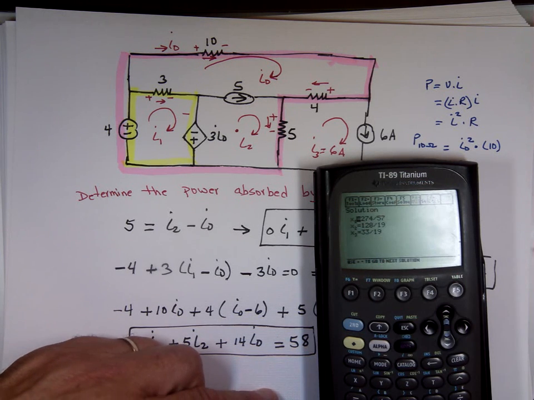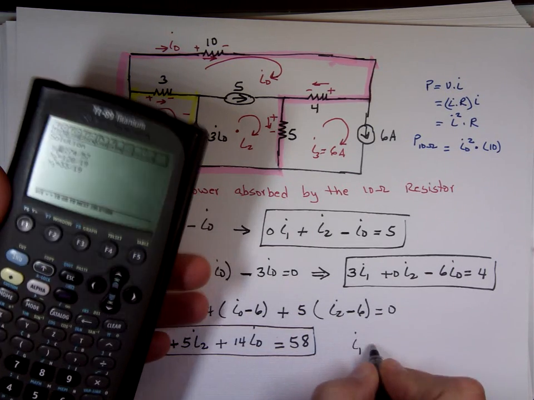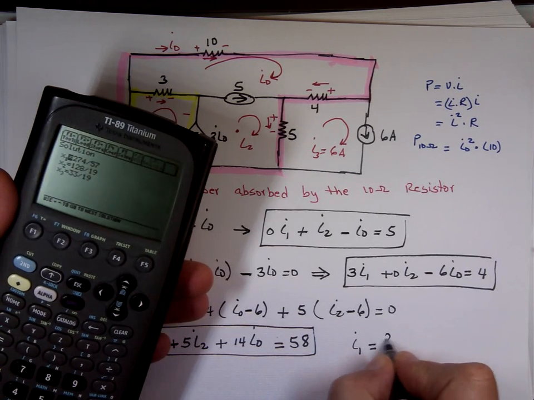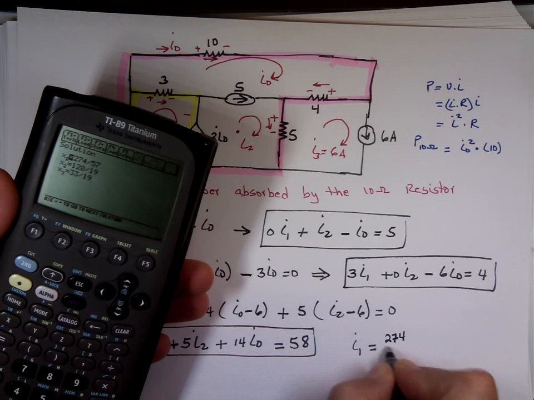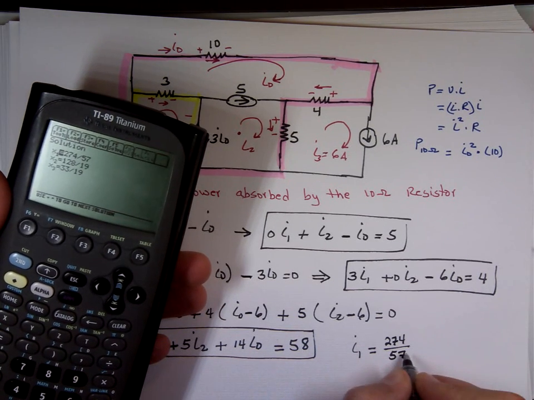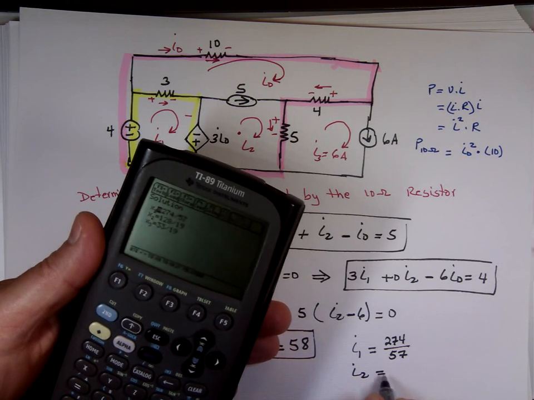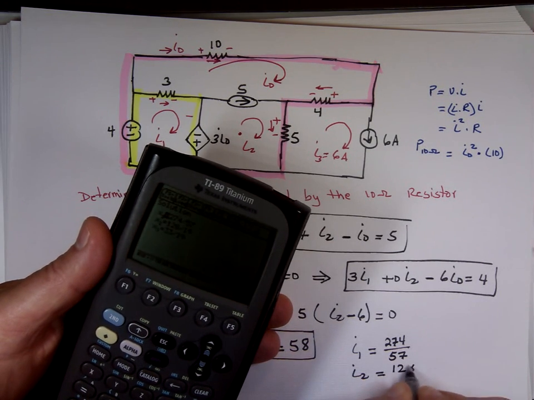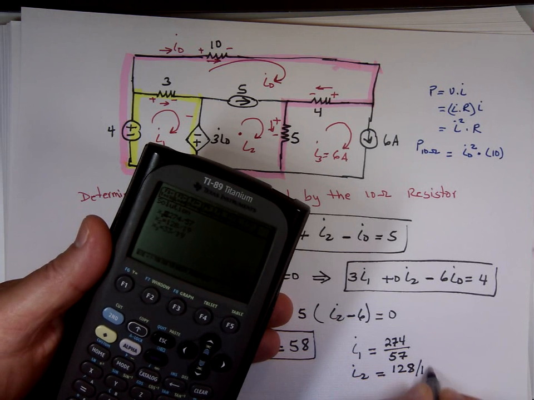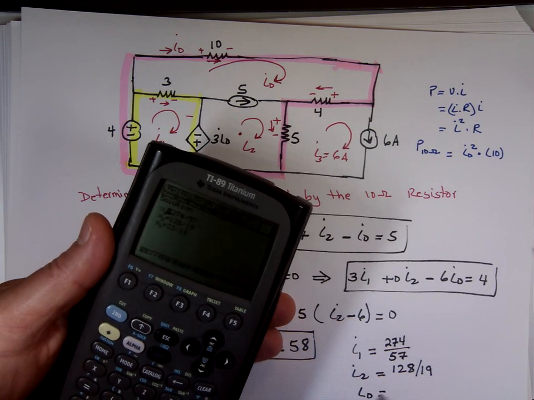So I got I sub 1 is equal to 274 over 57. I sub 2 equals 128 over 19, whatever, I can ask for approximation, and I sub O equals 33 over 19.